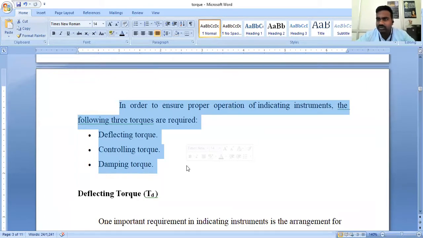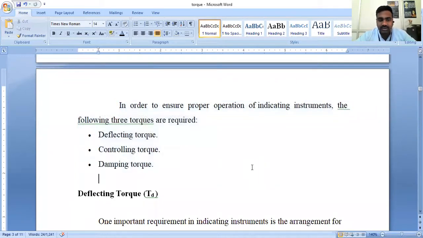For controlling torque, we need additional auxiliary components, such as spring controls. For damping, we also need additional things. We will see the various possible instrumentation techniques for providing these torques. First, we have to see the deflecting torque.